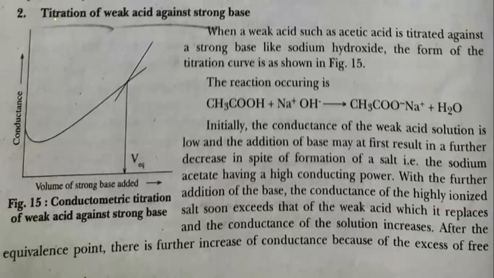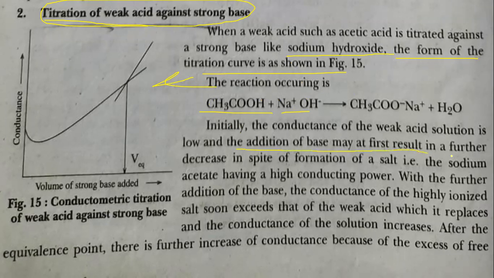In the second case, titration of weak acid against strong base. The weak acid is acetic acid, the strong base is NaOH. When a weak acid such as acetic acid is titrated against a strong base like sodium hydroxide, the form of the titration curve is as shown in the figure at the left side. Initially the conductance of the weak acid solution is low, and the addition of base may at first result in a further decrease, in spite of the formation of salt, sodium acetate, having high conductivity.